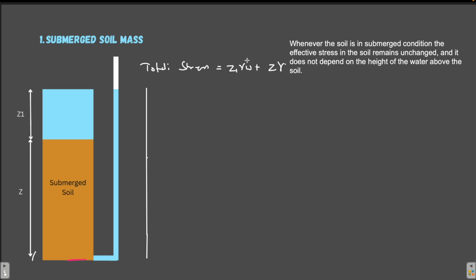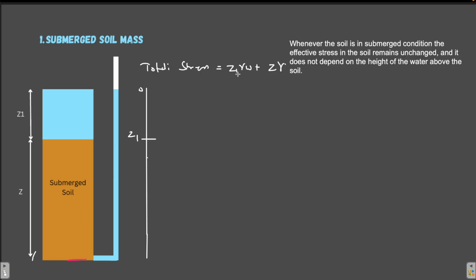So you see the first term first. Z1 into gamma W, it all depends on the height Z1 and not gamma W, because gamma W is a constant. Now we are moving from height 0 to a depth of Z1, right? So whenever the height is 0, in place of Z1, if we put 0, this will become 0.